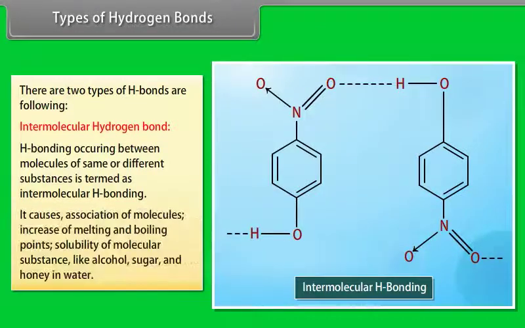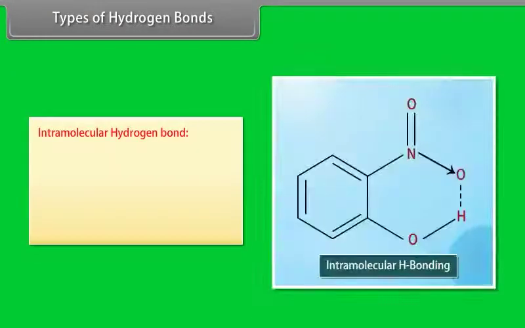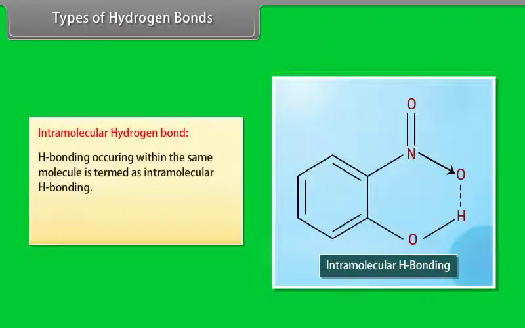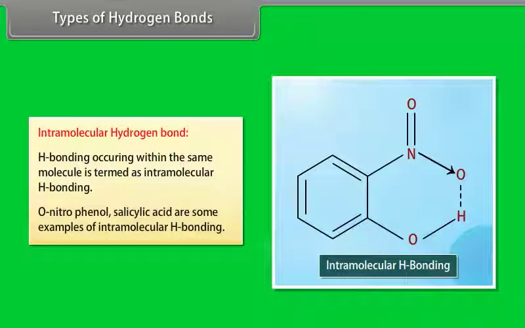It causes association of molecules, increase in melting and boiling points, and solubility of molecular substances like alcohol, sugar and honey in water. Intramolecular hydrogen bond: hydrogen bonding occurring within the same molecule is termed intramolecular hydrogen bonding. O-nitrophenol and salicylic acid are some examples of intramolecular hydrogen bonding.